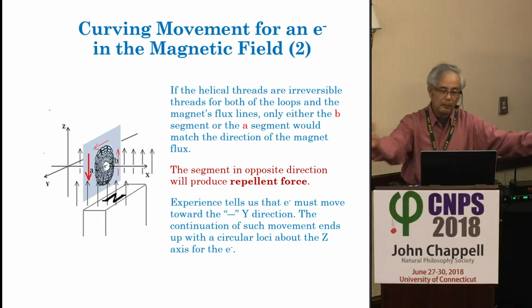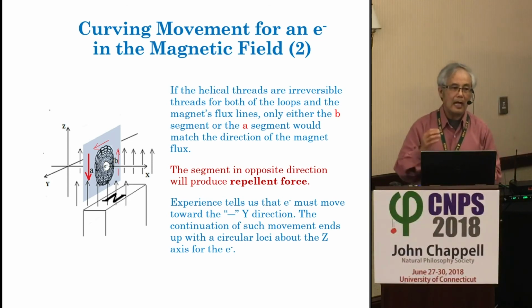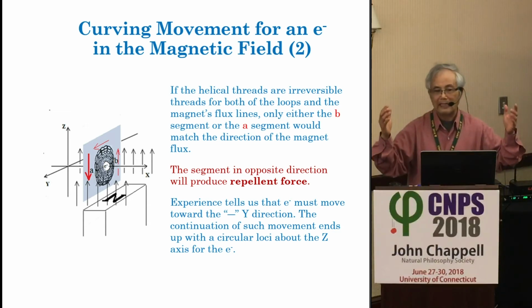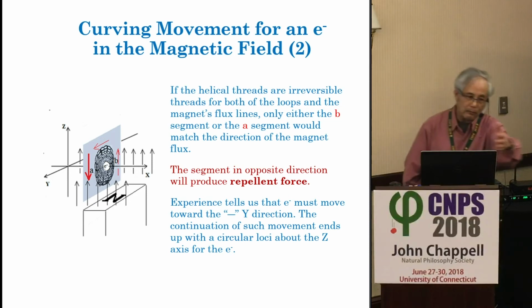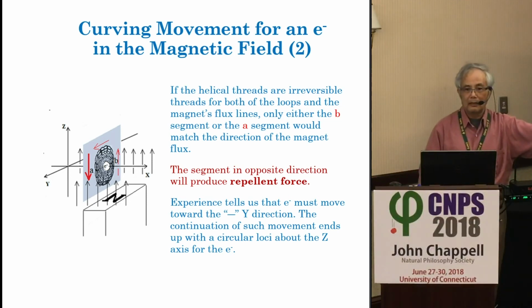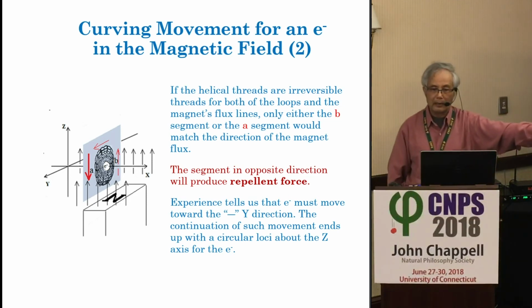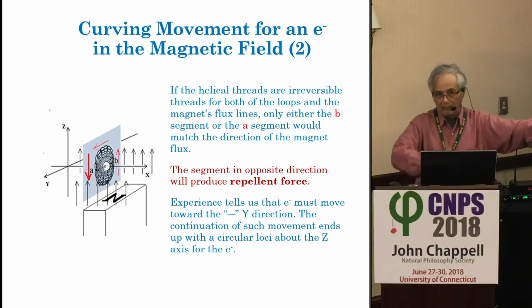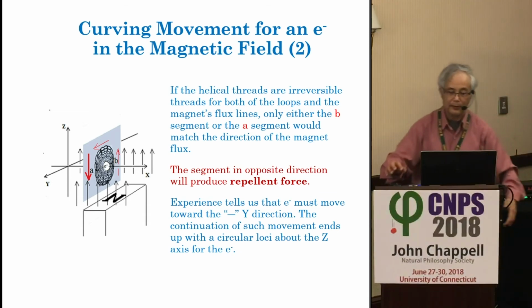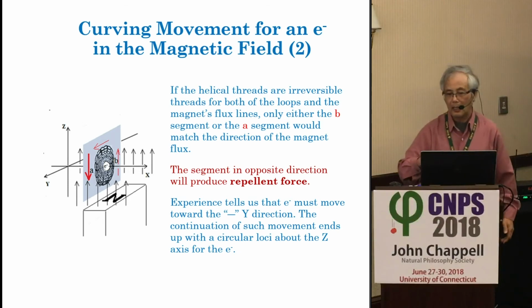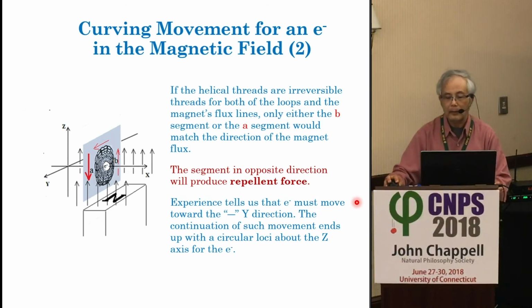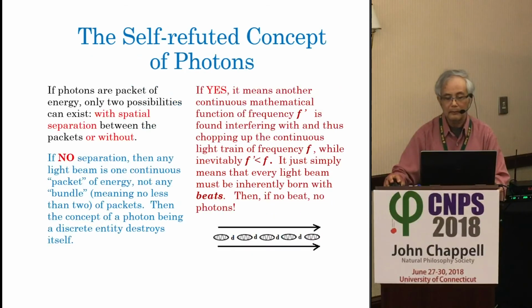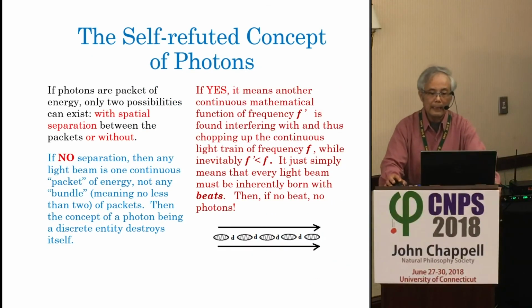And I believe so far I have not found any theory that can explain why an electroconductor must move sideways from the magnetic field. But with this, I believe it explains very well.